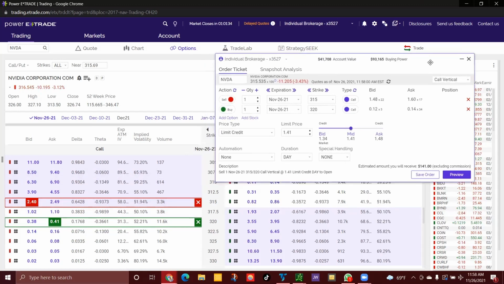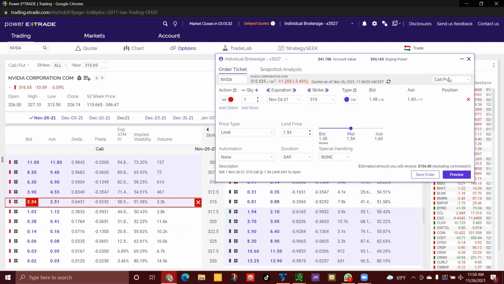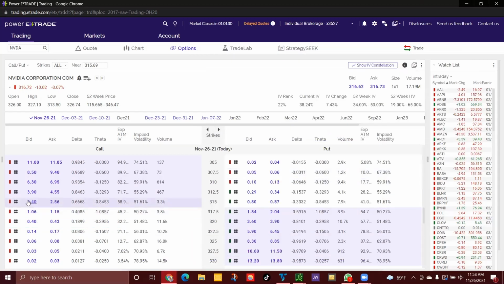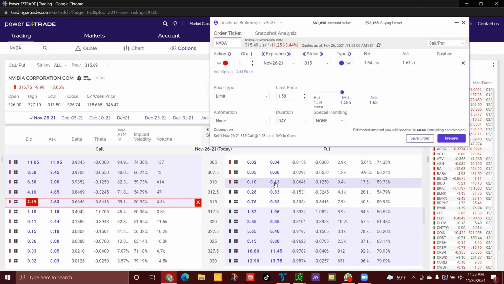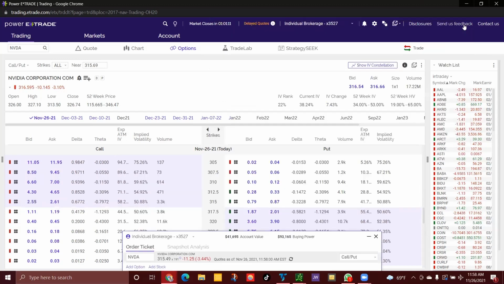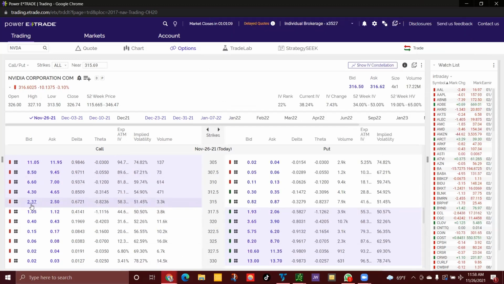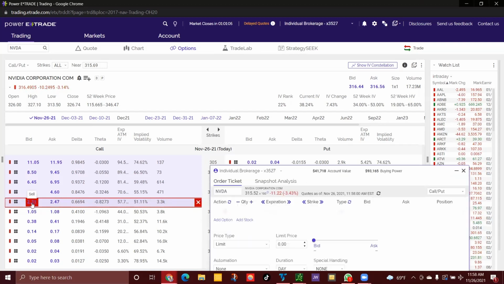Now, if you just sell the 315, that would be kind of the opposite of buying the put. Both of them are directional options, so you have no hedge. You're expecting the price to for sure go down. But the problem is when you sell options, they're extremely expensive.